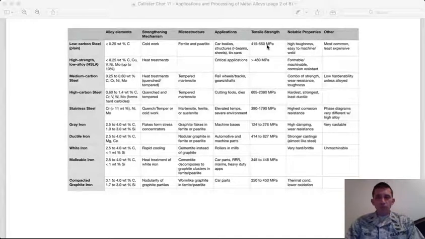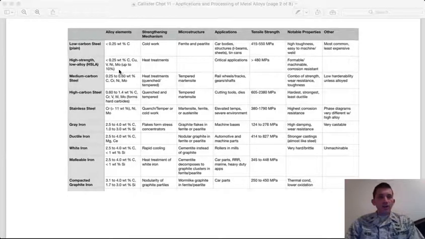But if you are trading off strength, typically what you get is ductility, and so that's what you see here. You have high toughness and machinability, and it's easy to weld, which makes it great for very common applications like car bodies, I-beams, those sorts of things.